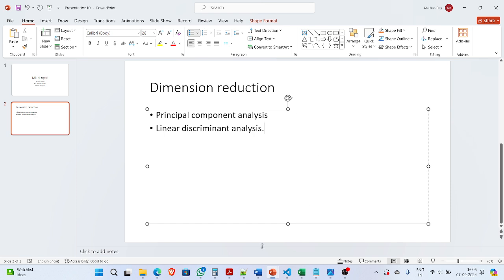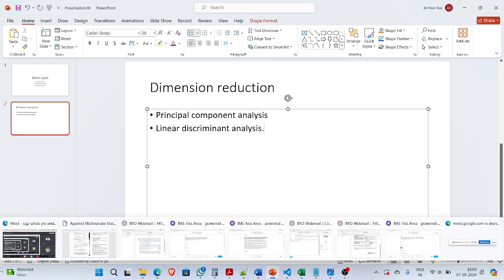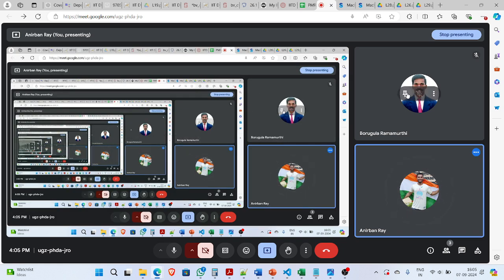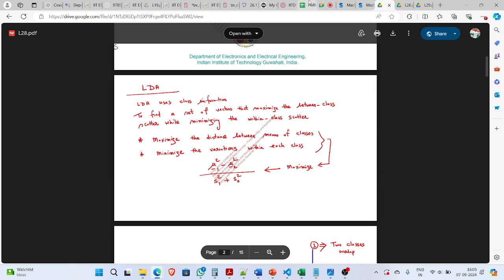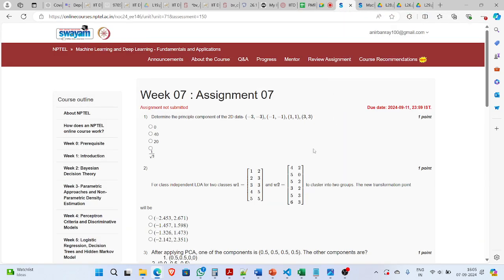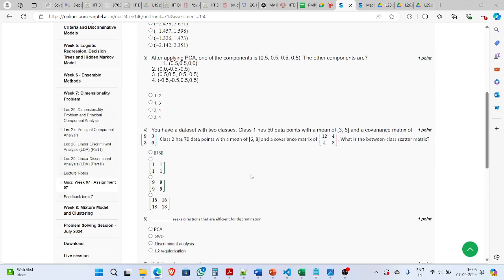So first we'll cover some theories and then we can focus on the questions and applications. So we'll go through the slides.